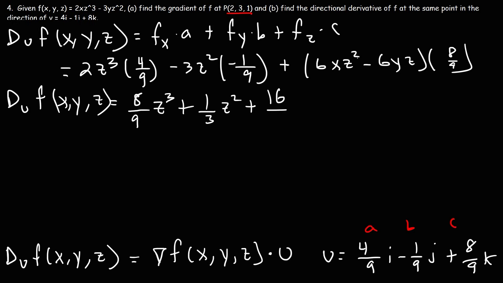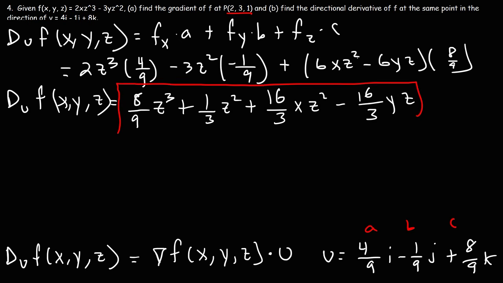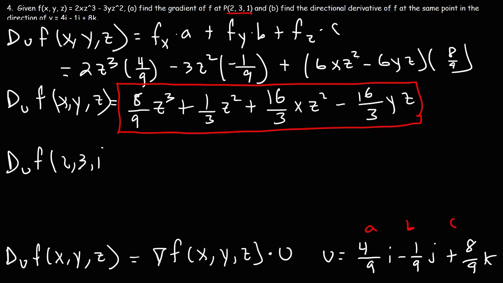So that will be 16 over 3 xz squared minus 16 over 3 yz. So that is the general formula of the directional derivative if you needed to find it. And then at this point you can plug in x, y, and z. So 2, 3, 1. And once you plug that in, you should get the same answer of negative 37 over 9. So that's another way in which you could have evaluated the directional derivative of f at this point.